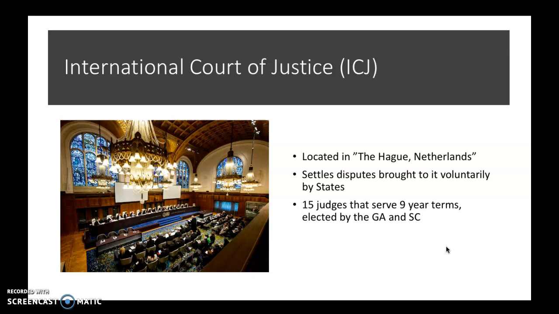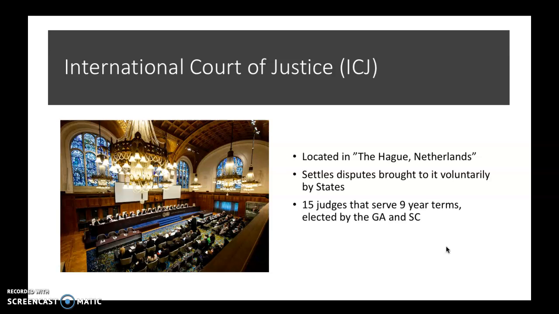So the ICJ is the only body or arm of the United Nations that is not located in New York. Instead, it's located in the Netherlands. And the ICJ is primarily responsible for settling disputes between states. However, these disputes, these points of contention, conflict, have to voluntarily be brought to it by member states.